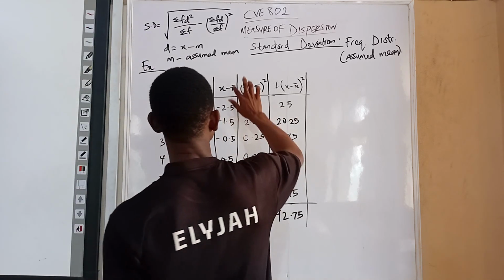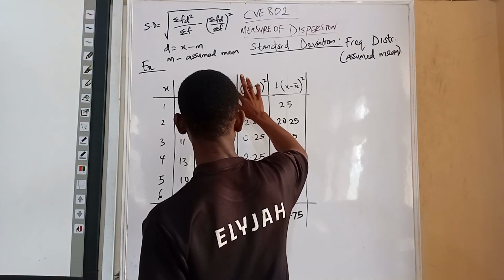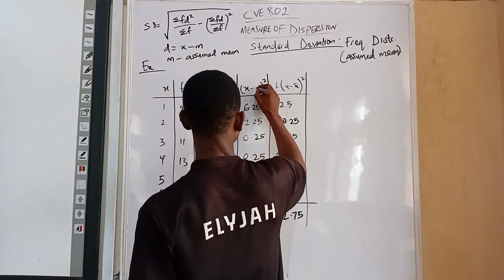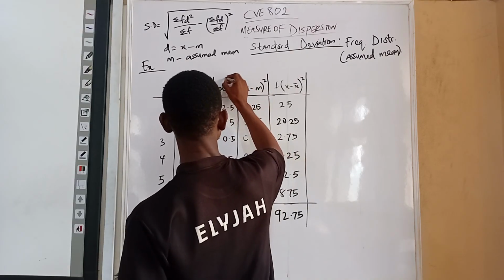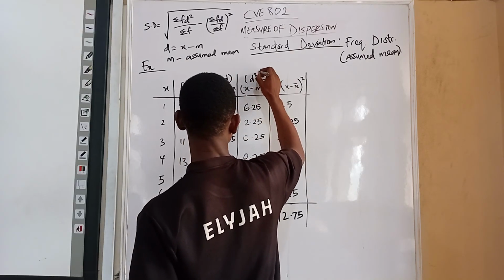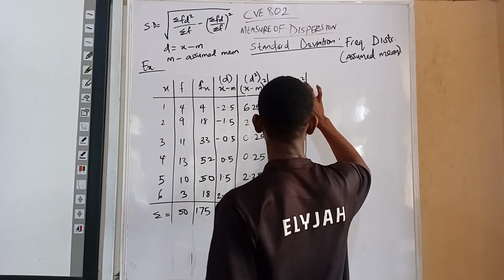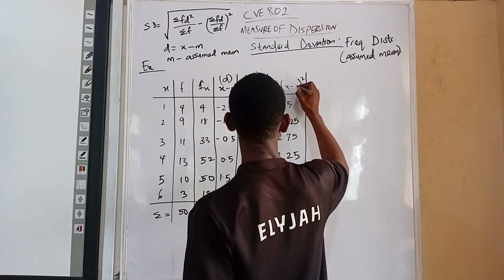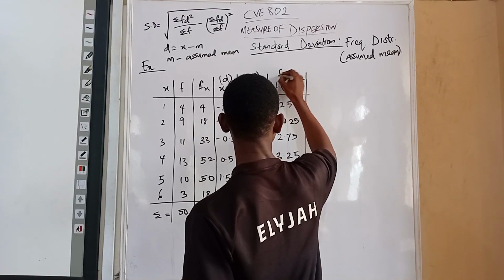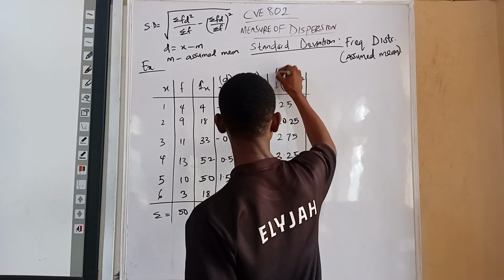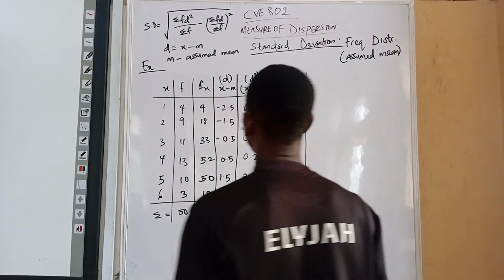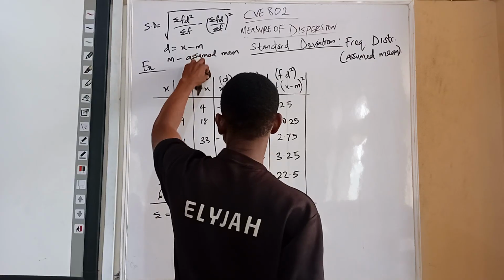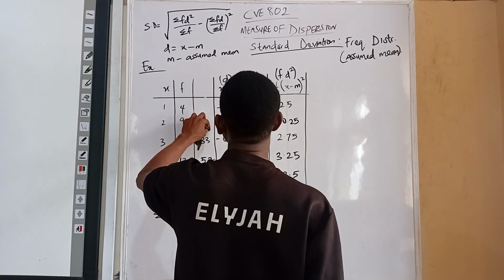It's x minus m, where m is the assumed mean. So in this case, we do not need this.